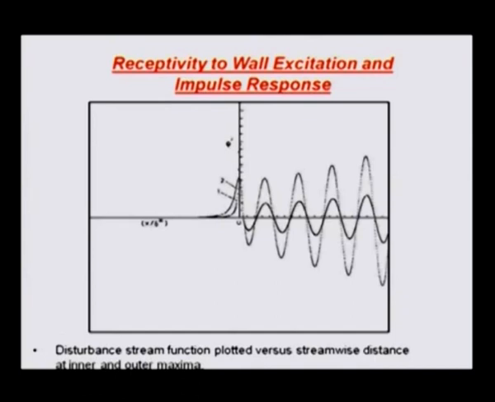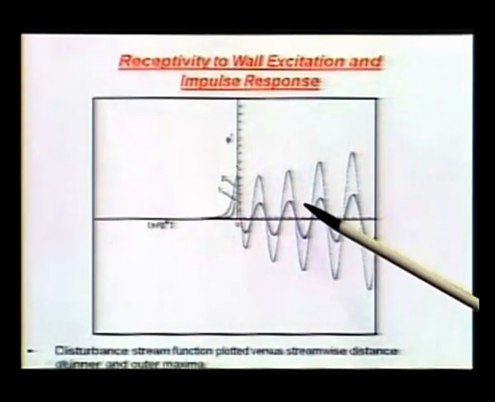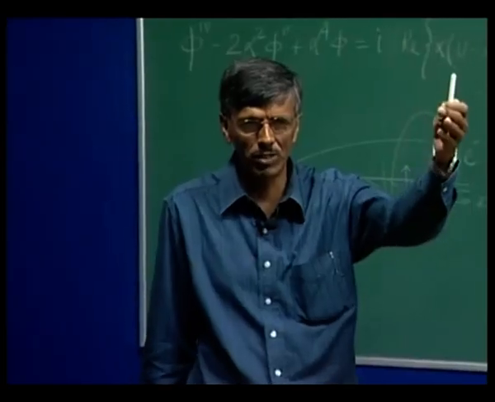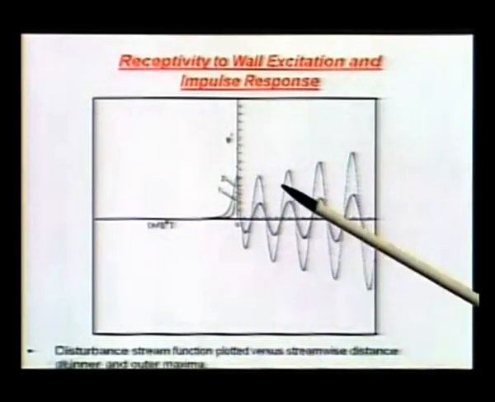It looks like what we also get a qualitative picture from stability theory, that we see the disturbances plotted at two heights. The solid line, it is the outer part of the shear layer, and the larger amplitude is the one that is closer to the wall. So, that is called the inner maximum. Okay.